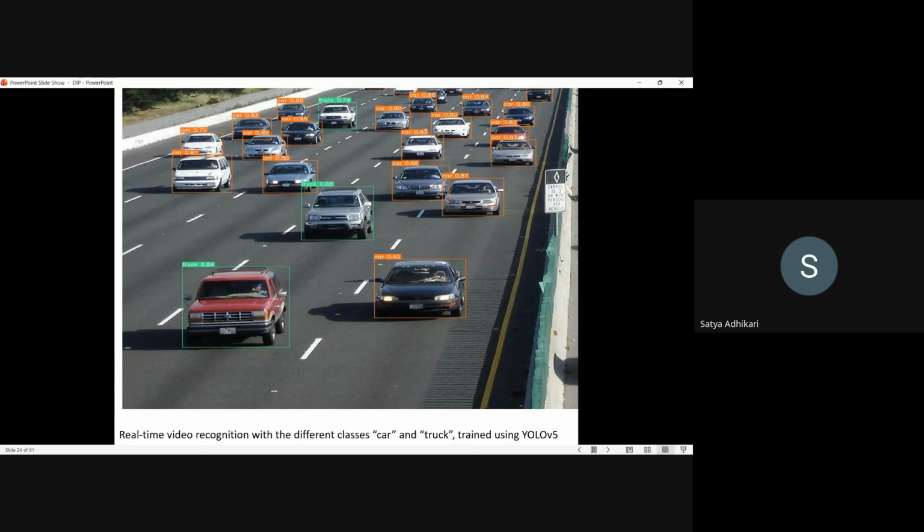There are cars and there are some trucks. In video detection, it only detects the vehicles. But in video recognition, there is classification, that is, different vehicles: car is there, truck is there. So suppose you are interested in viewing the trucks only, so you can view them.